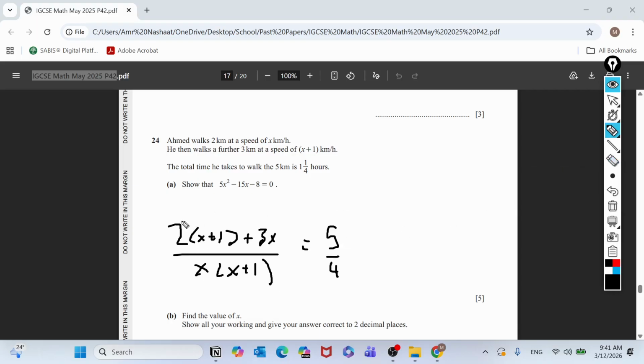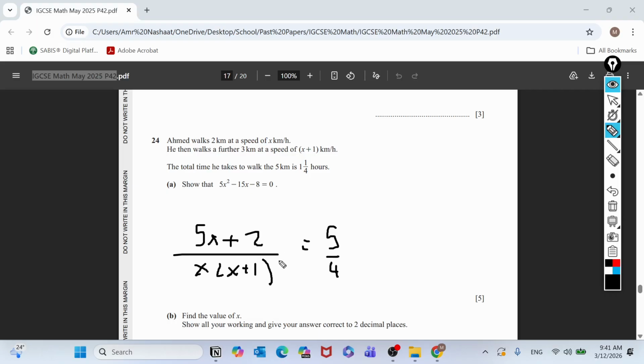We can spread the 2 out, so we're gonna have 2x plus 2 plus 3x. 2x plus 3x, we can simplify even more. We're gonna have what? 5x plus 2.